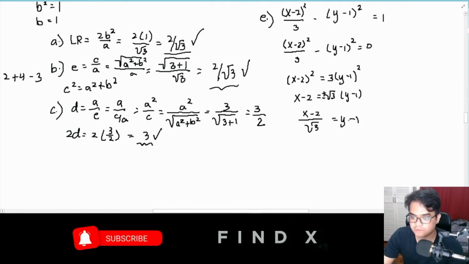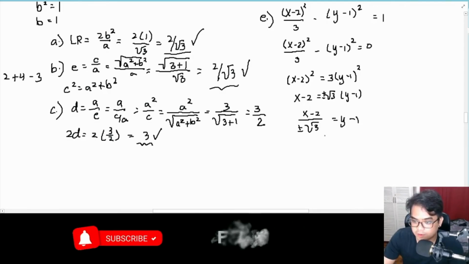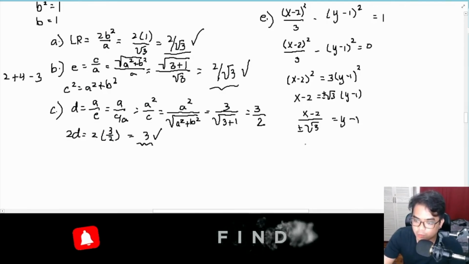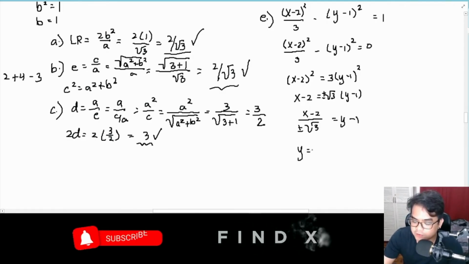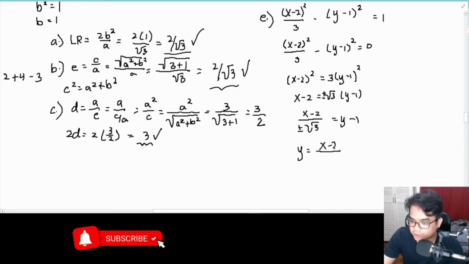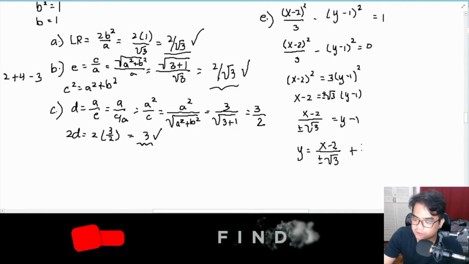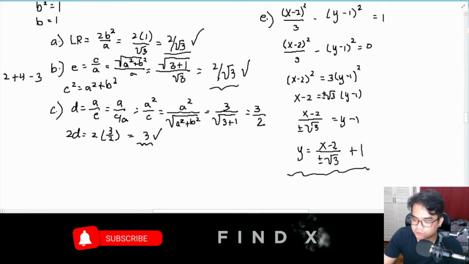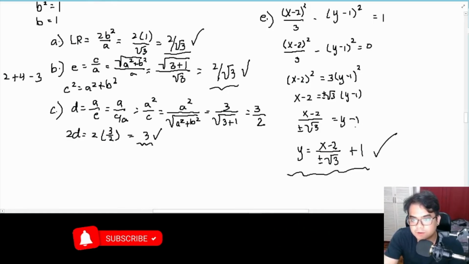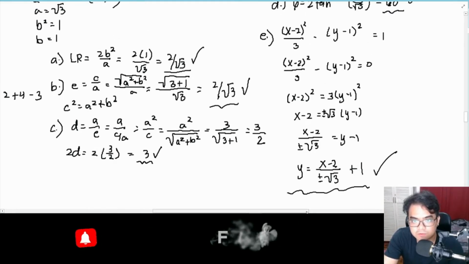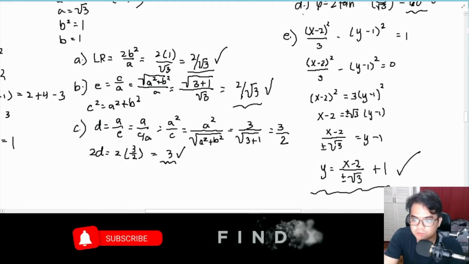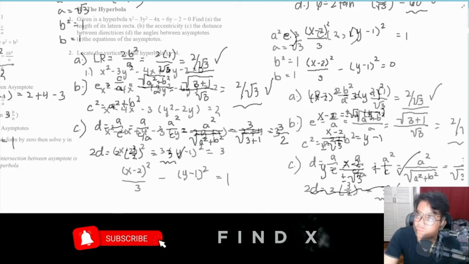And then transpose the 1, you'll have your y is just equal to x minus 2 over square root of 3, plus or minus, plus 1. So this will be the equations of the asymptotes. So I think that's it for the number 1, right? Okay, let's move on now to the next number.